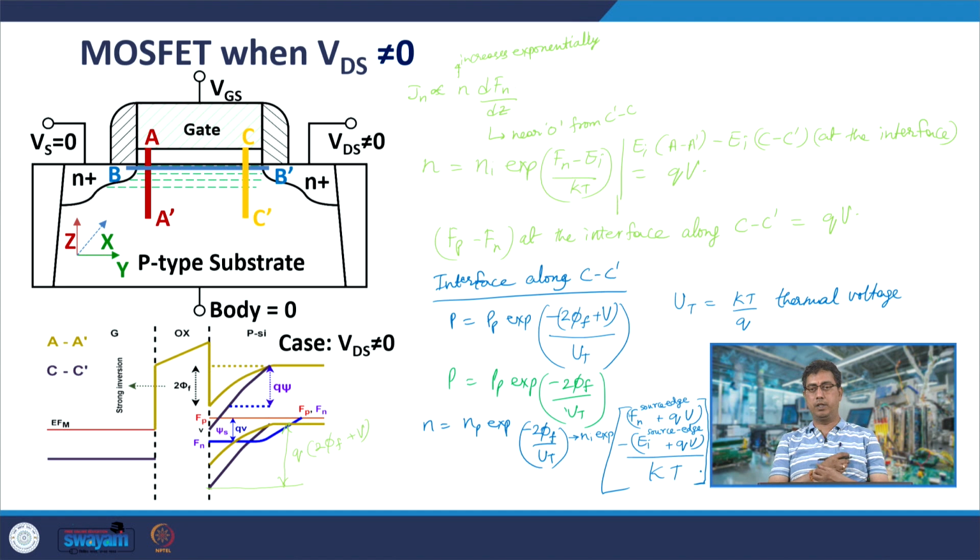You could have seen it this way. So, what would be the corresponding electron concentration at the source edge? Yeah. So, these are things which we will use as we go along this course.